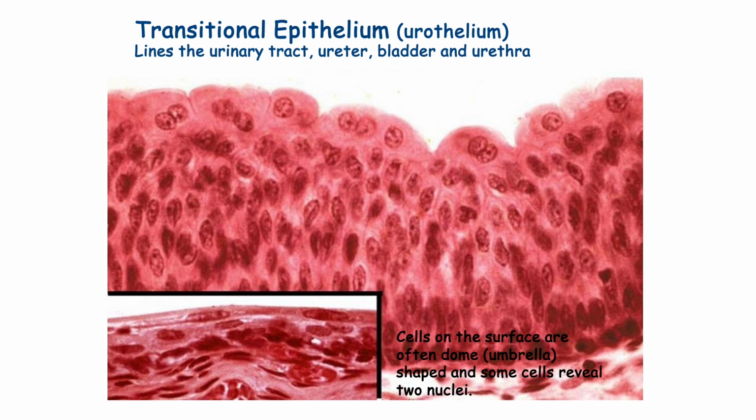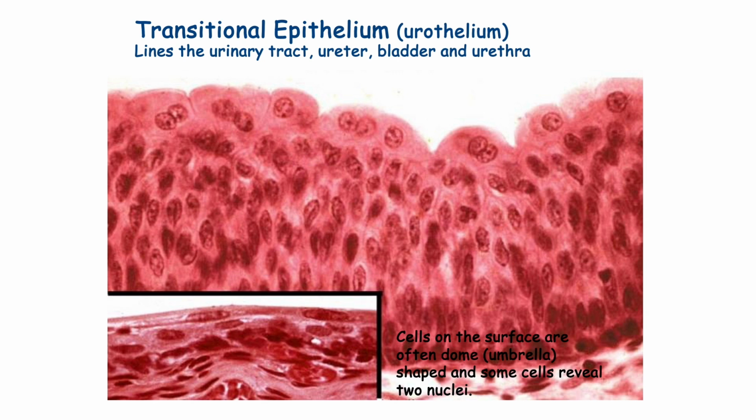If the bladder is full, it's going to be more squamous. If the bladder is empty, it's going to be highly columnar, or sometimes you can even have high cuboidal. That is what we term transitional epithelium, because it is transiting between one shape and the other based on the amount of urine you have in the bladder.